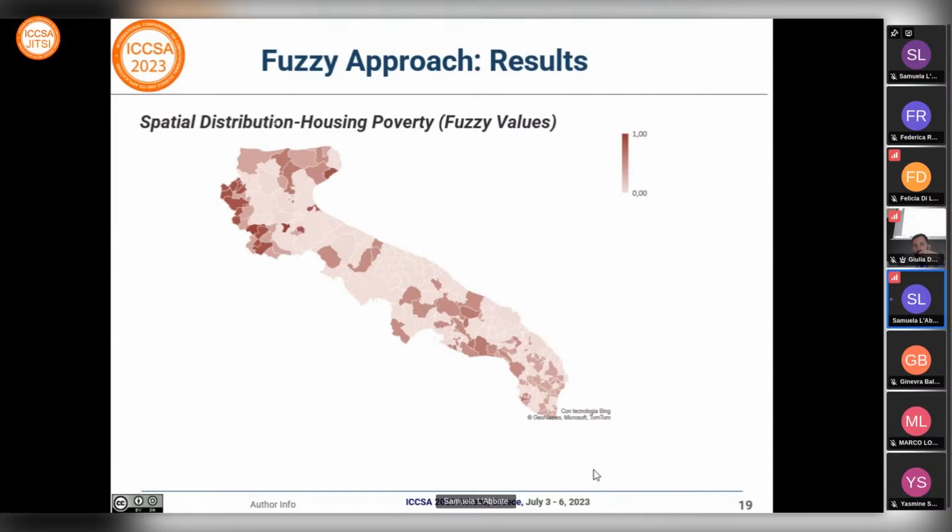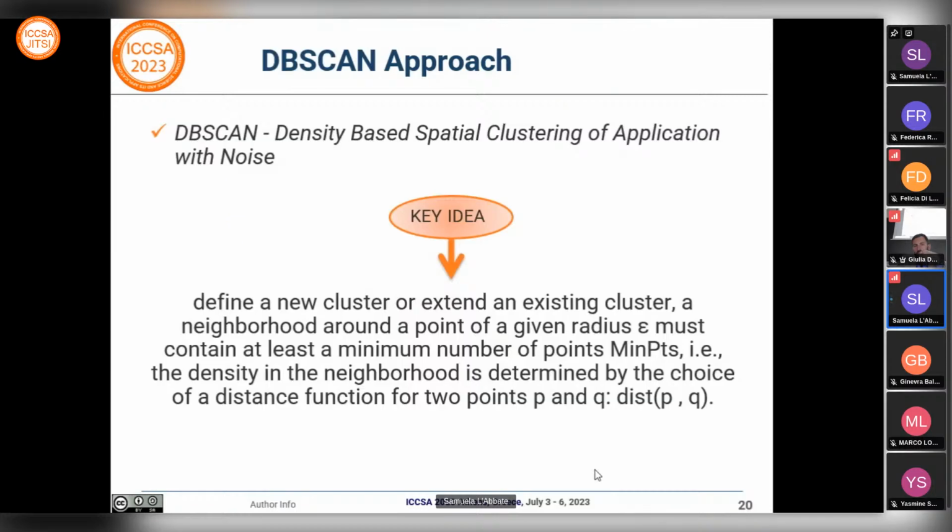ultra broadband. Now, Density-Based Spatial Clustering of Applications with Noise (DBSCAN) is a method whose key idea is to define a new cluster or extend an existing cluster. A neighborhood around a point of a given radius epsilon must contain at least a minimum number of points, MinPts.